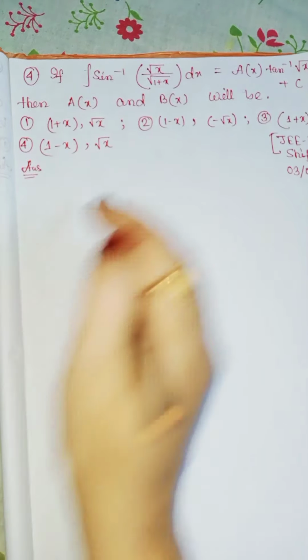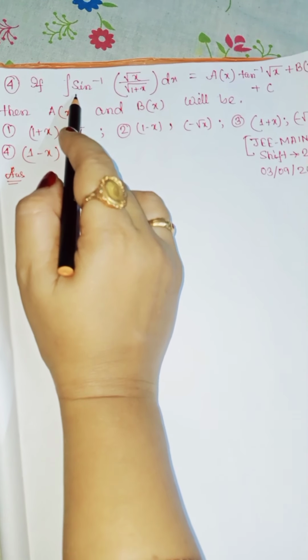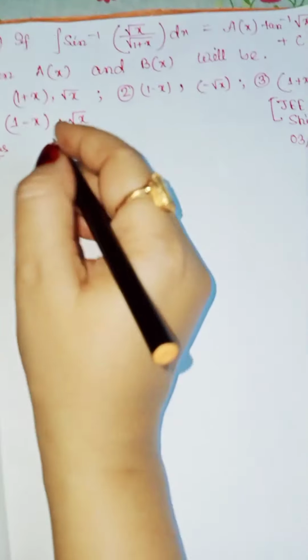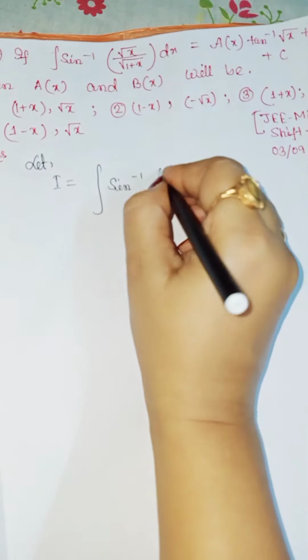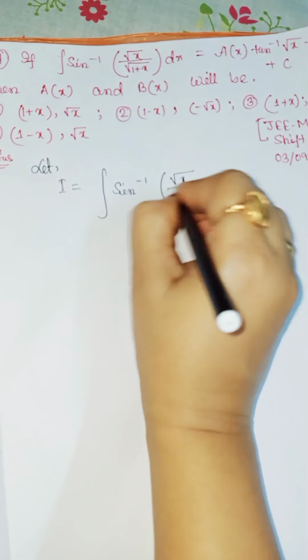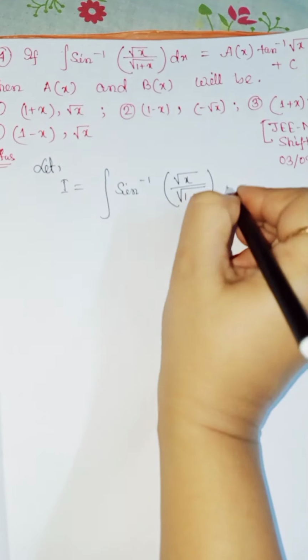At first our given function is this. Let I be equal to the integration of sin inverse of root x divided by root over of 1 plus x dx.